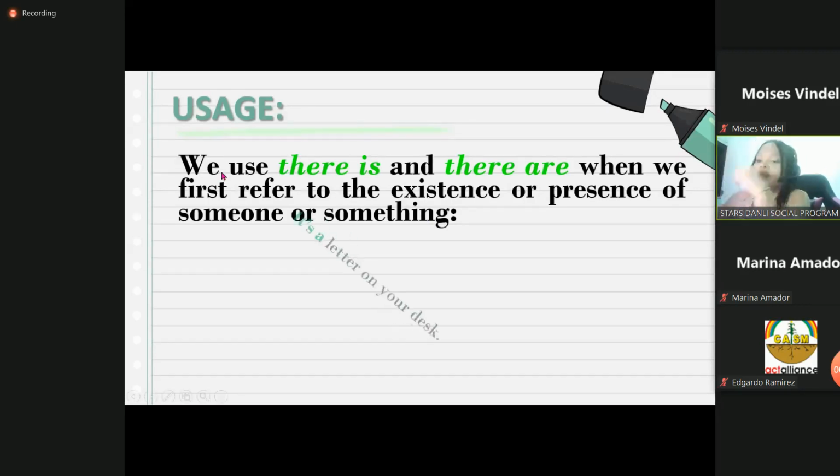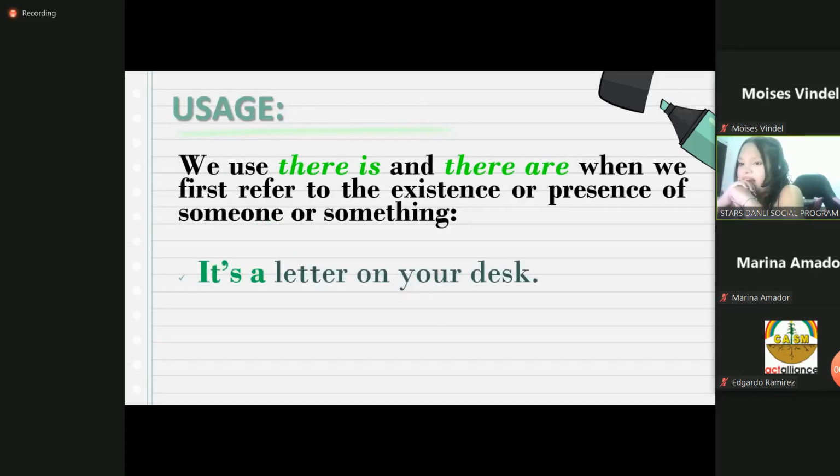Okay, now here we have an example that in this case we are using verb to be, and it says it is or it's a letter on your desk. However, in this case, remember that we use verb to be to talk about descriptions. Recuerde que el verbo to be nos da, en este caso, descripciones meramente.